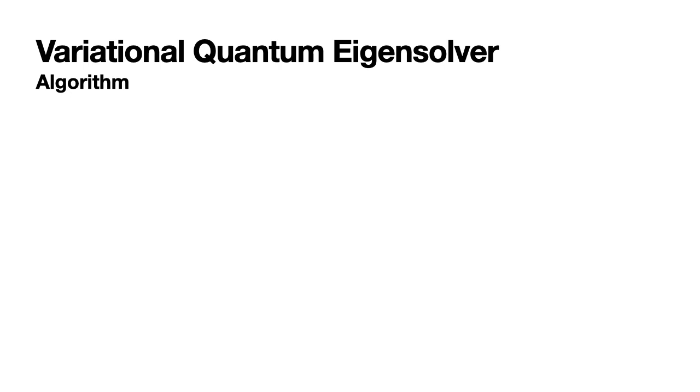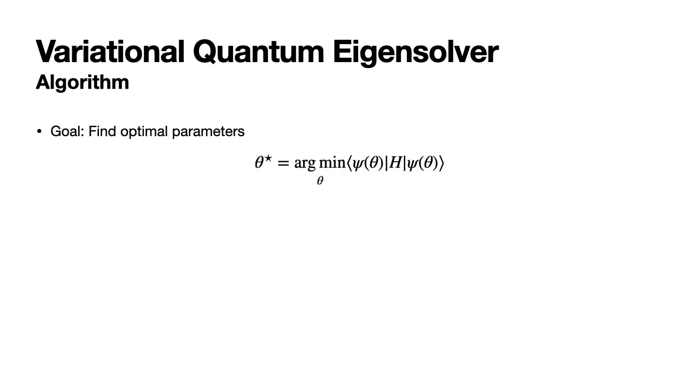Here comes the algorithm. The overall goal of the VQE algorithm is to find the optimal parameter theta star that minimizes the expected energy with respect to the Hamiltonian H we care about. And it does this through an iterative process.